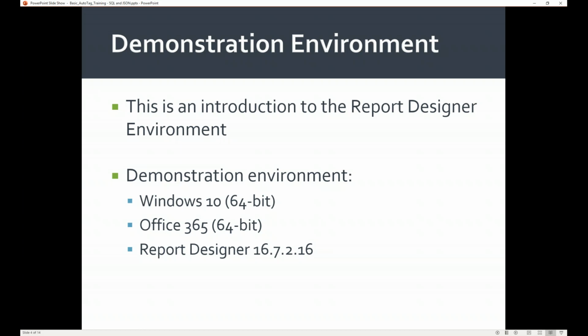But for today, I want to give you an idea of the machine I'm working on. My computer is running Windows 10 operating system, which is 64-bit, and I'm also using Office 365, also 64-bit. It is okay to use 32 or 64-bit.